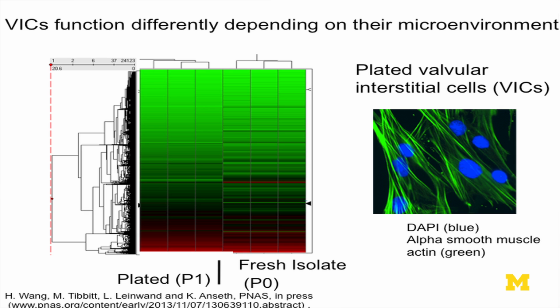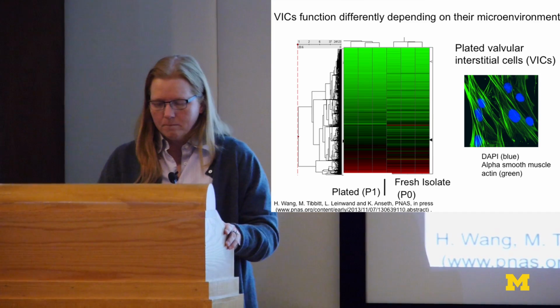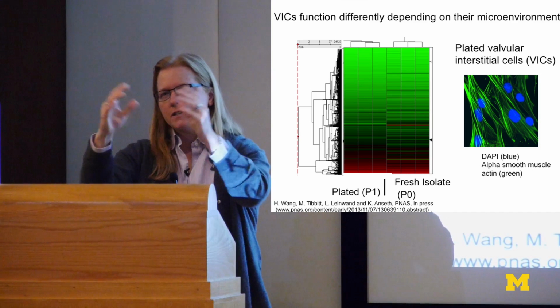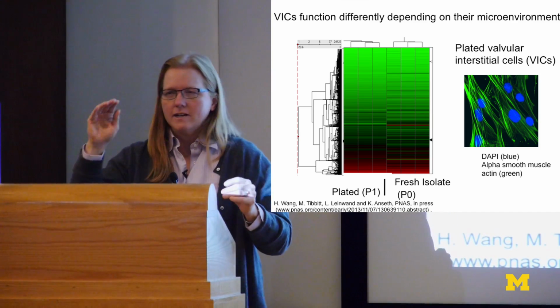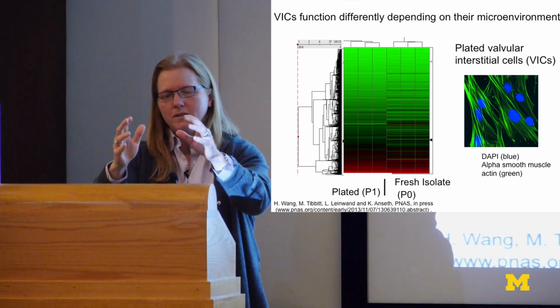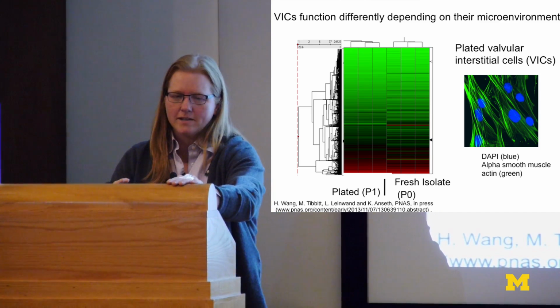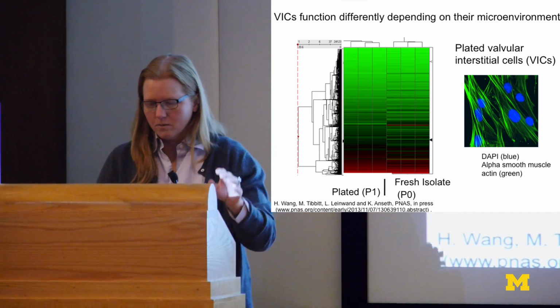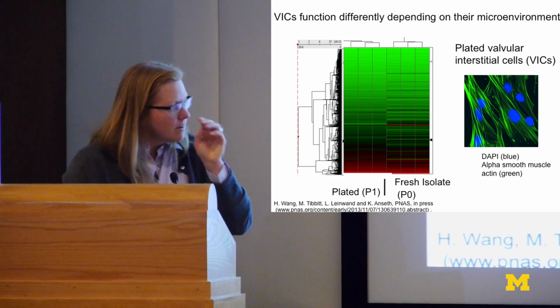And the control experiment that she did was, she said, well, before I figure out what time points to look at this TGF-beta signaling, the first thing I want to do is just look at cells that I've freshly isolated from the valve, but I never let them touch tissue culture plasticware. And then another population that I put on tissue culture plasticware, and eventually I'm going to treat them with TGF-beta and see what happens and what time points to look at.